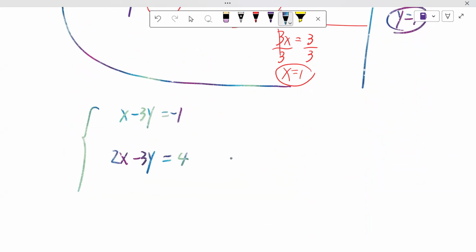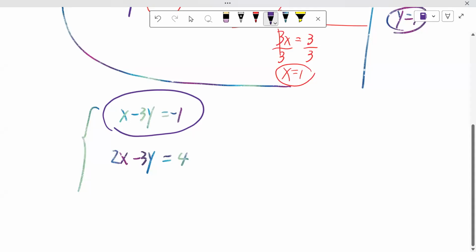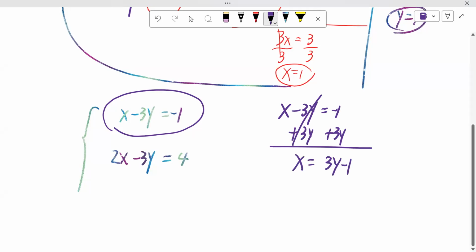We're going to work with the first equation. Let's get x by itself by adding 3y to both sides. Now, as you can see, x equals 3y minus 1. Now we're going to take this and plug it back into the second equation.